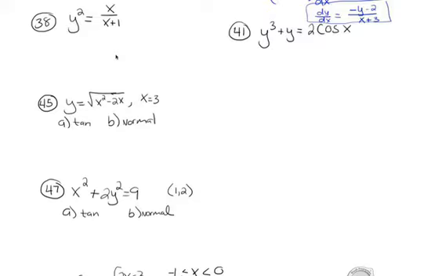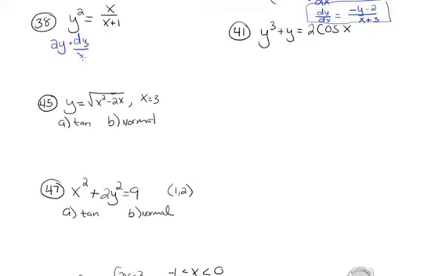So 38 is simply asking me to take the derivative, and I will do this with implicit differentiation because the y is not isolated. So the derivative of y squared is simply going to be 2y, using the chain rule. 2 comes down, y to the first power, but then I have to multiply by the derivative of y.